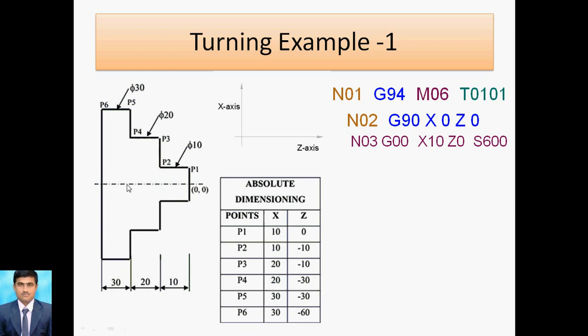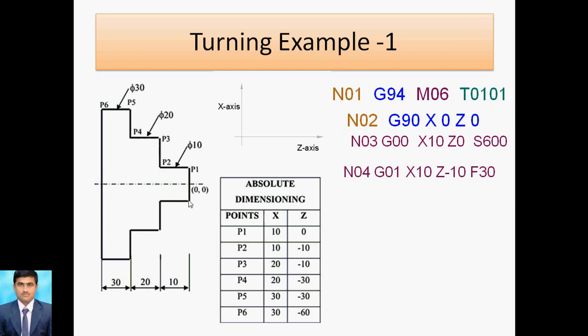Z means we take the Z direction only, as I said, and for X we refer only to the diameter. For P2, what is the P2 diameter? The P2 diameter is 10. So I can write in the next line X10, and what is our Z? Minus 10. So I write Z minus 10, and F30, that is the feed rate.